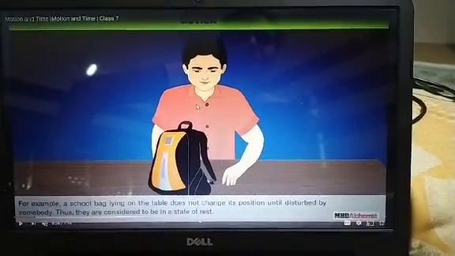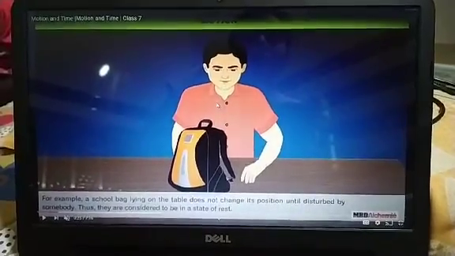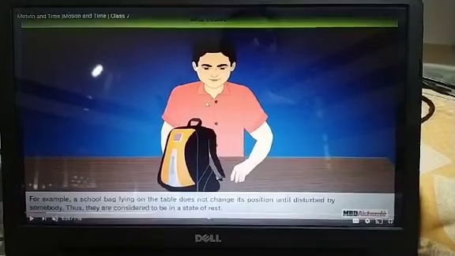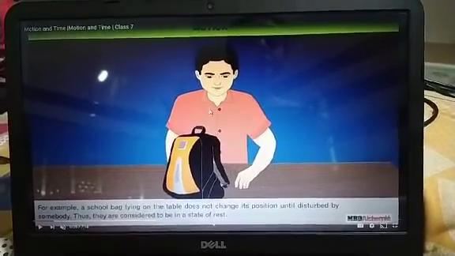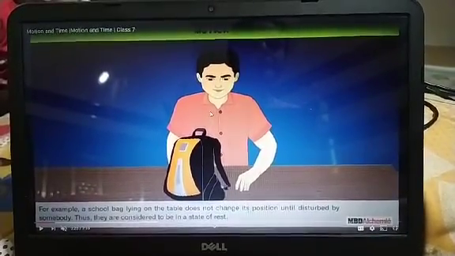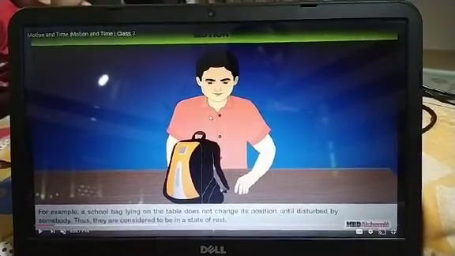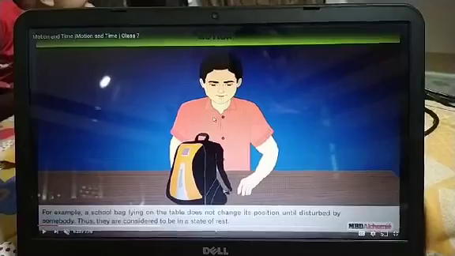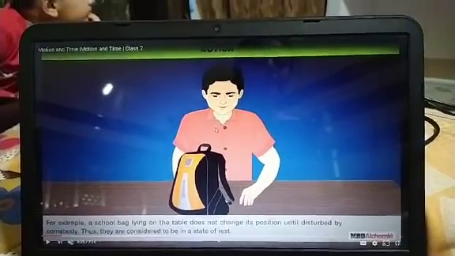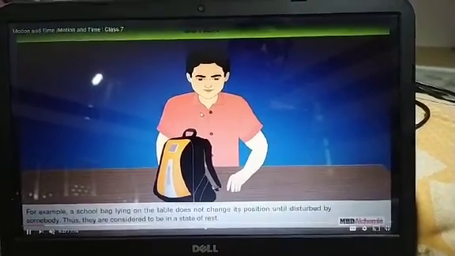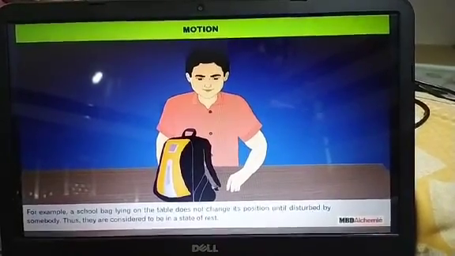Clear? You can see over here, this is an example of a rest position. For example, a school bag lying on a table does not change its position until disturbed by somebody. Thus, they are considered to be in the state of rest. So I hope it is clear to you what we mean by the rest position, right?